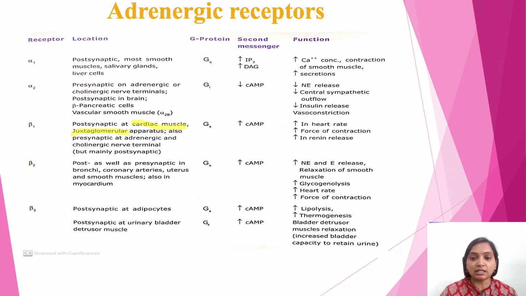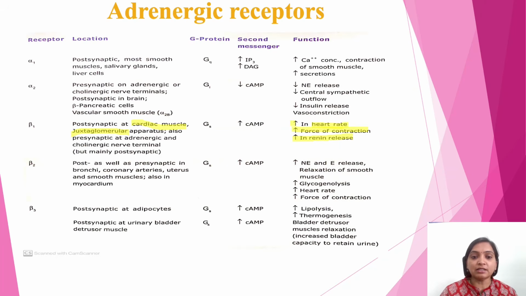So it will increase the heart rate and the force of contraction, and through the juxtaglomerular apparatus mediated action, it will increase the renin. By all these, it will increase vasoconstriction, heart rate, and force of contraction.